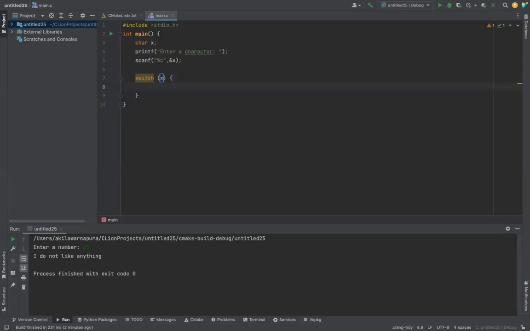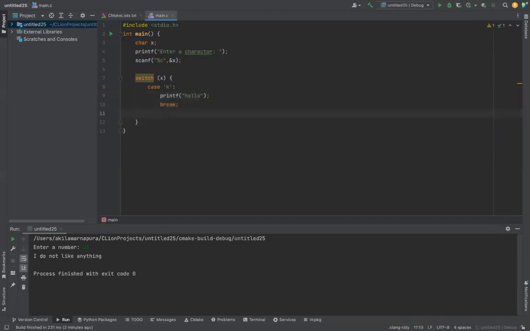Based on the X variable, you can provide whatever you want. I will give you an example. Let's say case K; you have to provide K within single quotes. If the case is K, you can say printf hello. After that, break.